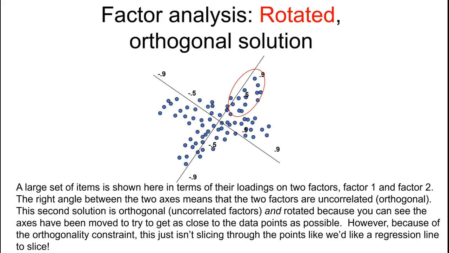We use the word orthogonal to represent uncorrelated factors. So this visualization is showing us an unrotated, or orthogonal, solution. And when I say solution, what I'm saying is these are the factors that we have extracted, and they are uncorrelated, or orthogonal, with respect to each other, and unrotated in that no rotation has been done yet.